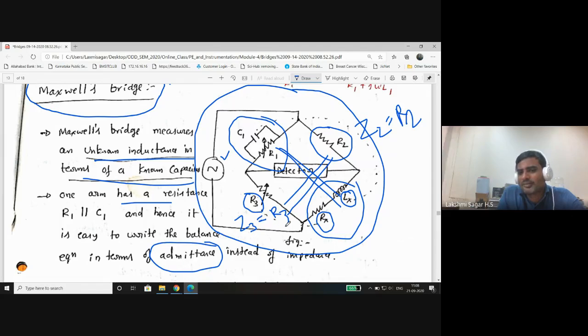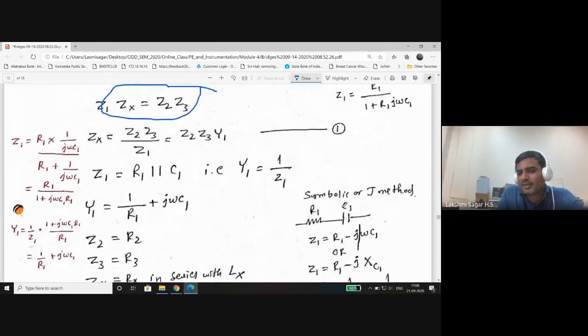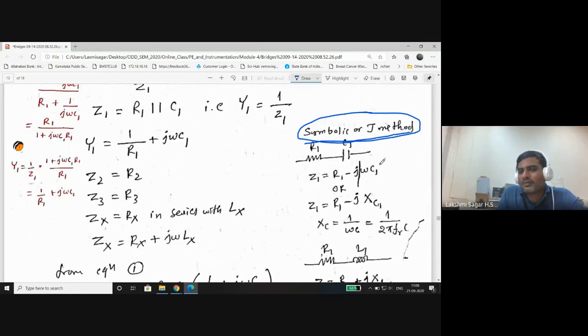You can substitute. But if Rx is connected in series with Lx, how do you write? This is the symbolic or j method, right? You need to understand this one. If you understand this, any AC bridge network they give, you will be able to solve it. Here, if the resistance is connected in series with the capacitor, then we can represent it as Z1 is equal to R1 minus j by omega C1, or else Z1 is equal to R1 minus jXC1.